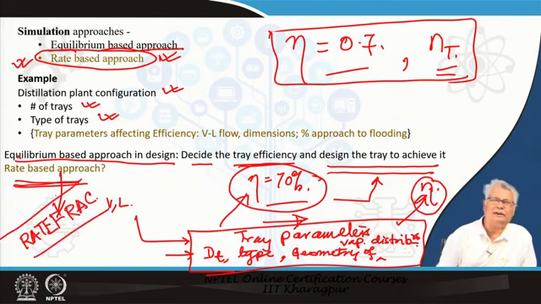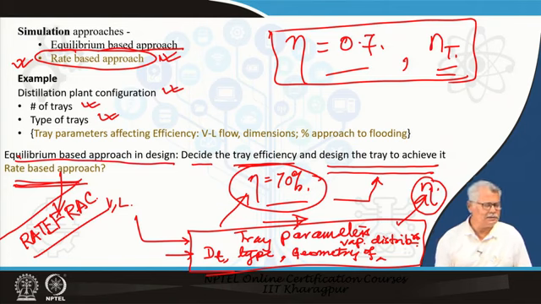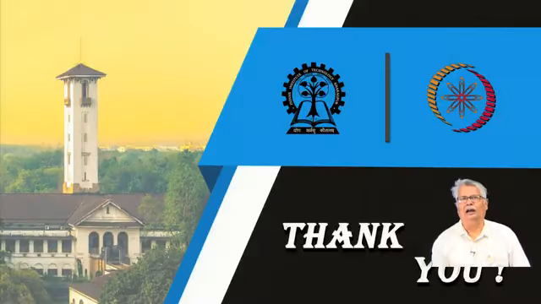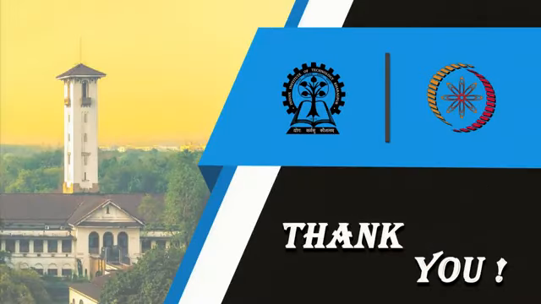If you are using the RateFrac module in Aspen Plus, which you have to buy separately in fact, you can go to a closer design and a much better simulation quality. I think I will stop here. Thank you.